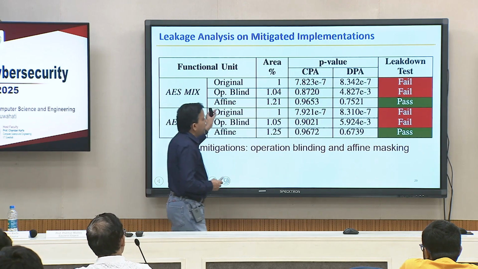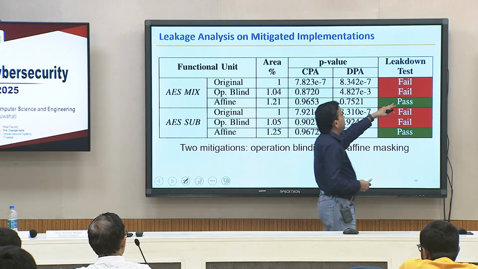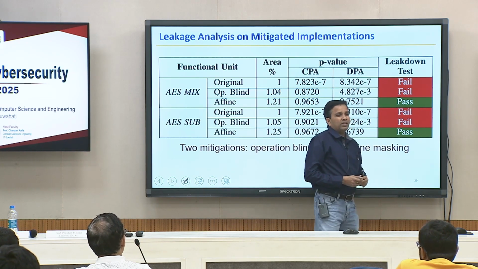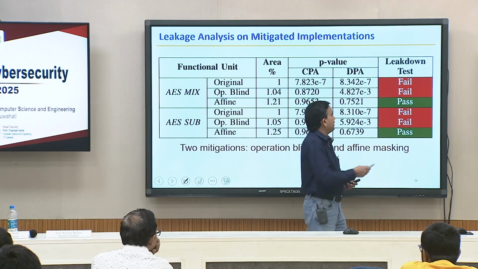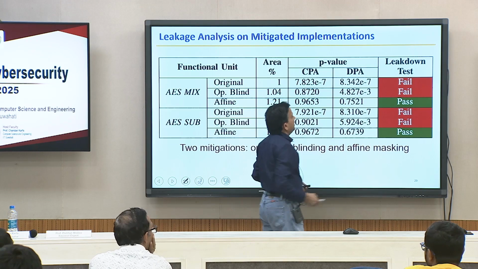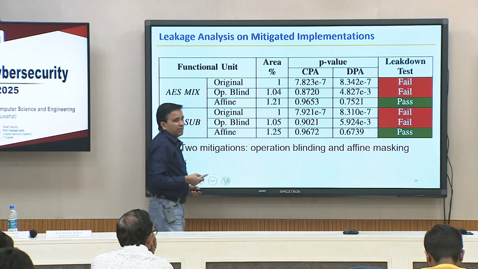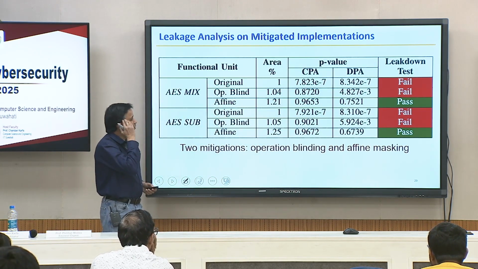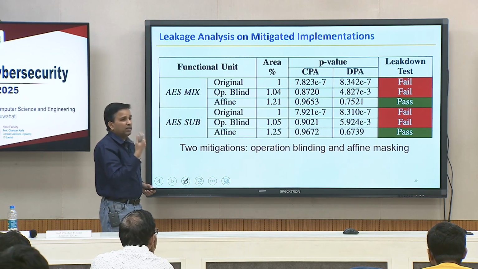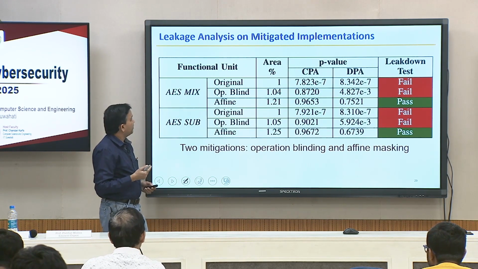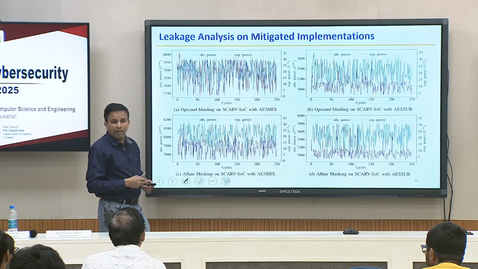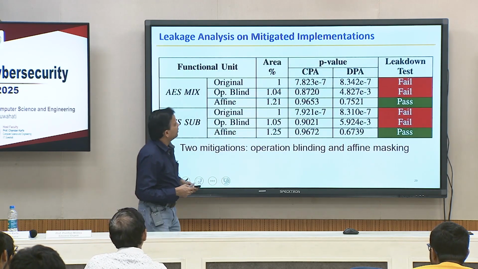So this affine one seems to be passing, that means the attack is not successful, but the blinding, we saw that blinding story earlier, the blinding actually fails the leakage test, that means we will be able to figure out the values or whatever key we are trying to figure out. What is this p value and CPA and DPA?